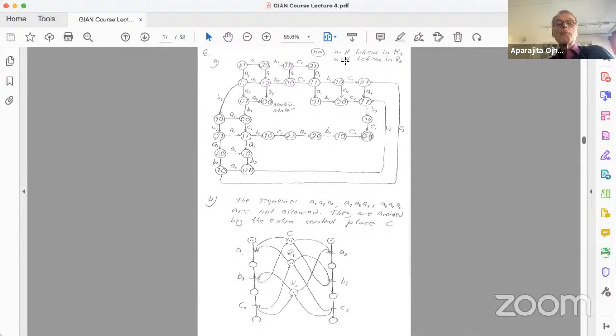I don't mention... oh, sorry. Now I see. What I take as the state information here is the number of tokens in R1 and R2 and M. That is what is shown here.